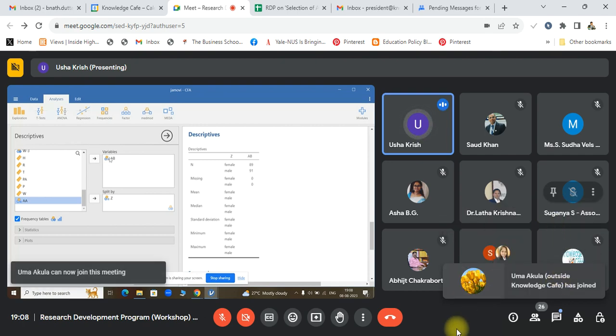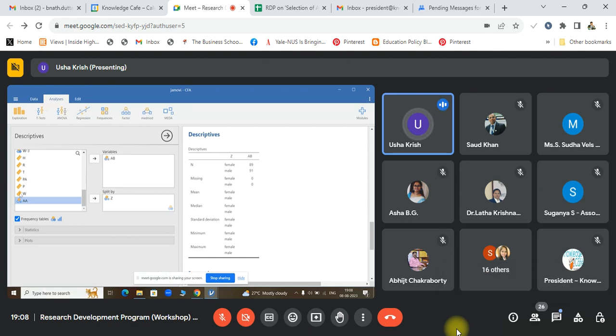Such type of data will be loaded into this kind of symbol. Here you can see a rectangle box. It contains continuous data. Here you can see three circles in triangle shape. It will have rating scale. If I opt for Likert's rating scale, 5-point scale or 6-point scale, that rating scale details will be uploaded here.